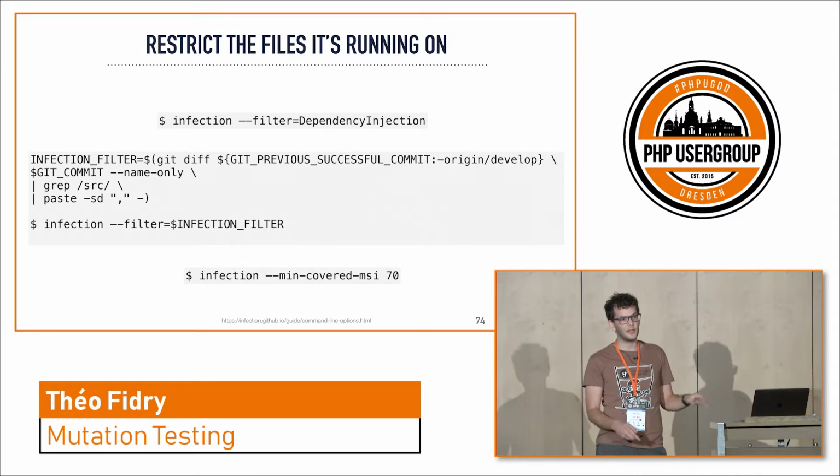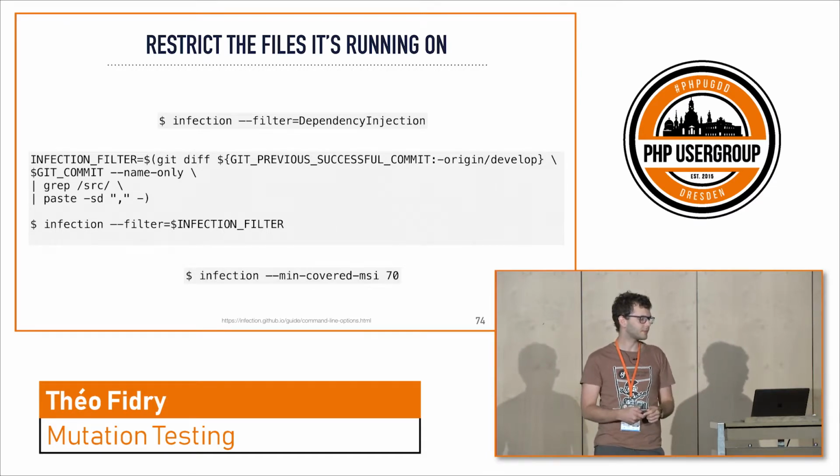So like for PHPUnit, if your tests don't pass, the result is 1, and if they pass, it's 0. Infection by default is always gonna return 0 unless you specify that option and the score you get is lower than it.